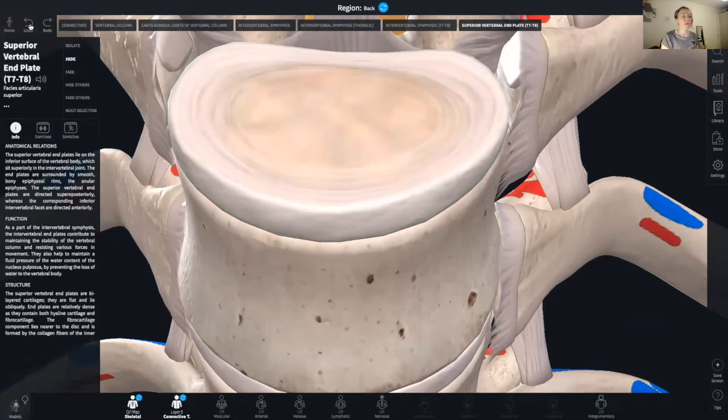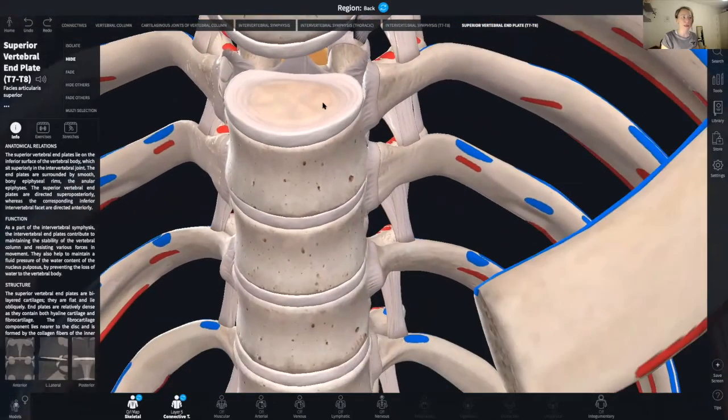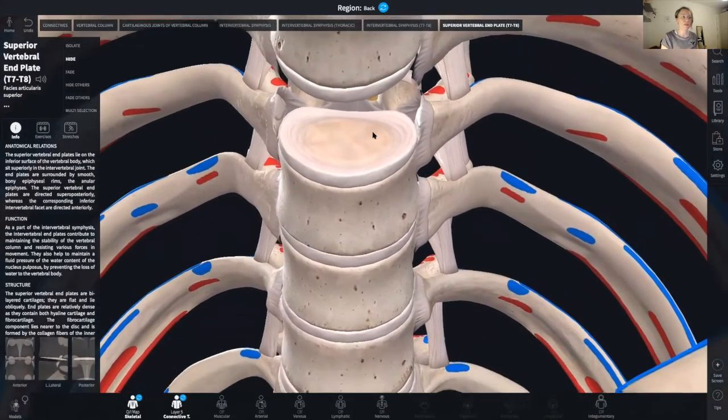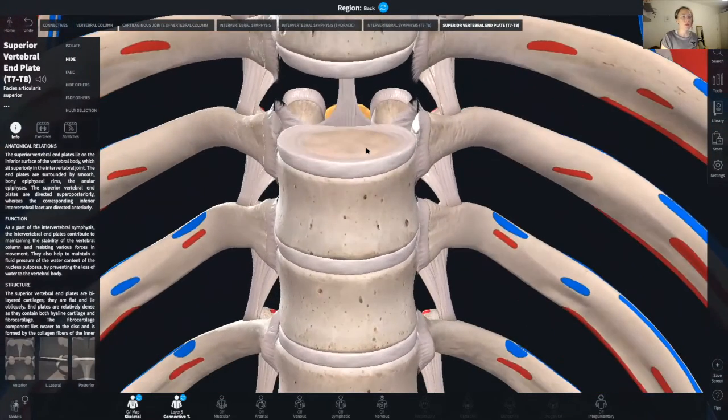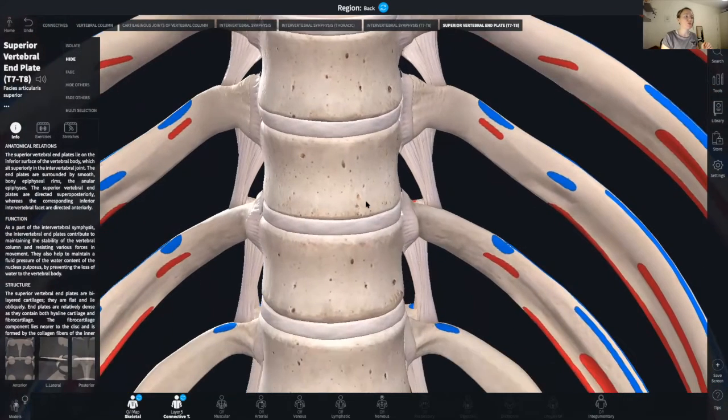So let's talk a little bit about what goes wrong, what are the injuries, what are the problems that we get with the discs. So throughout our lifetime, depending on what we've done with our bodies, whether that might be heavy lifting and twisting, or maybe sitting at a desk, two very opposite things to do with your body, you will have different stresses going through these discs, particularly if you go down towards the lumbar spine.